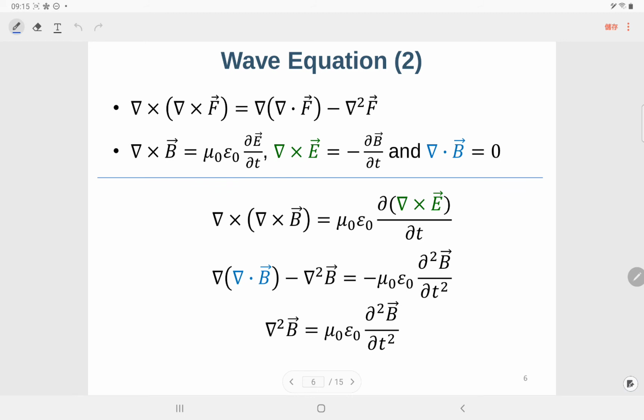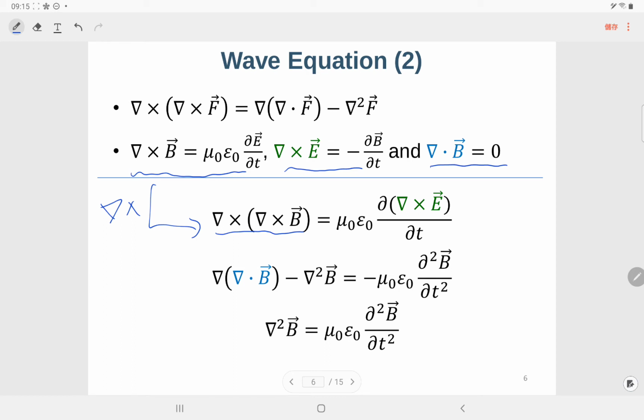So similarly we can derive the wave equation for the B field. Here we make use of Ampere's law, Faraday's law, and the Gauss law for the magnetic field. Doing the same thing, we take the curl on both sides of Ampere's law.